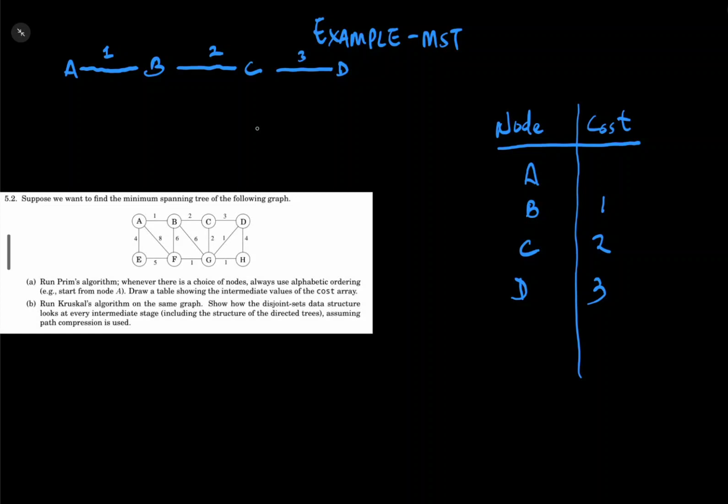So what do we choose? D to H is 4. We also have D to G, sorry about that. Let's just put down the whole thing at once.